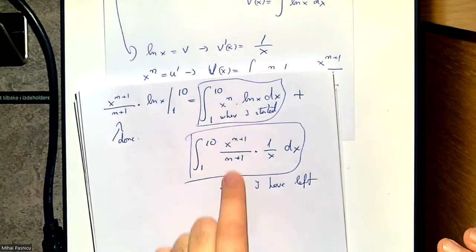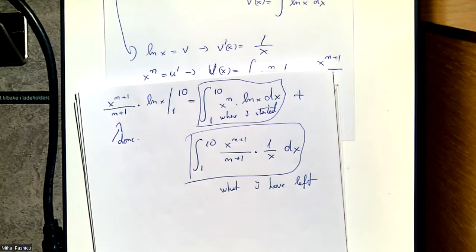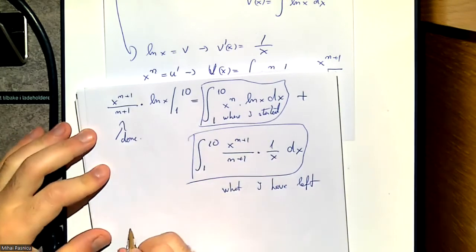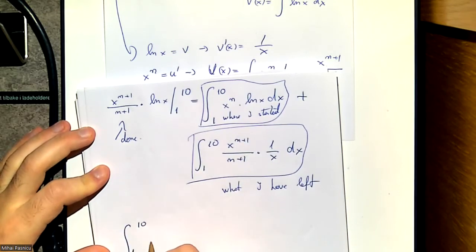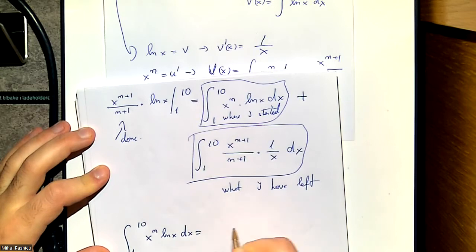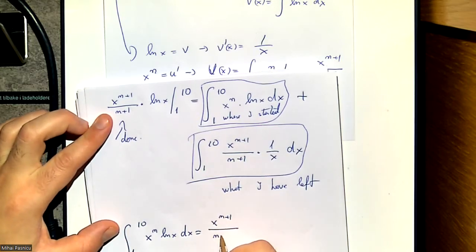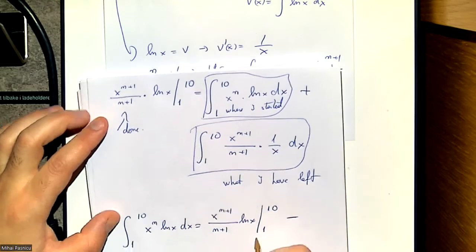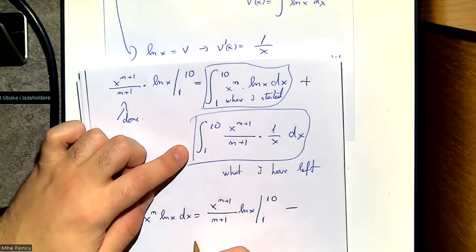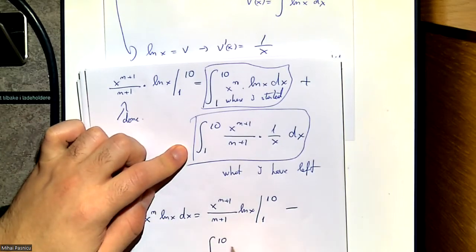This is where I started, and this is what I have left to compute in order to get my final result. So my integral that I was asked to compute at the start, this ugly thing, is equal to this thing minus what I have left. I'm not going to touch it for now, for a little bit.